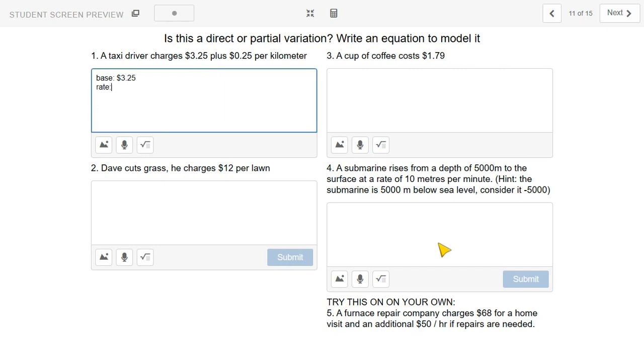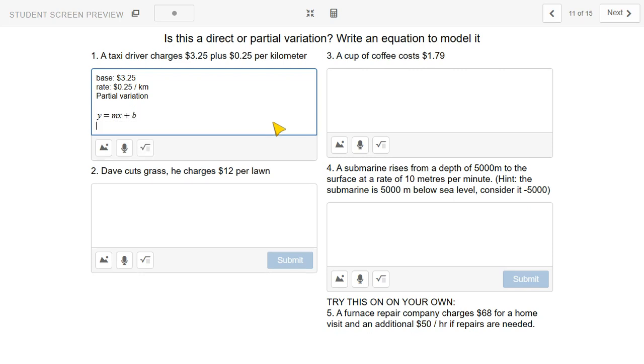Next, our rate is 25 cents per kilometer. So because we've got a rate and we've got a base, we know that this is a partial variation, and we are going to use the equation y is equal to mx plus b.